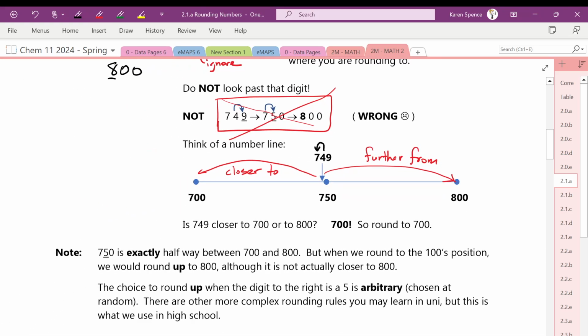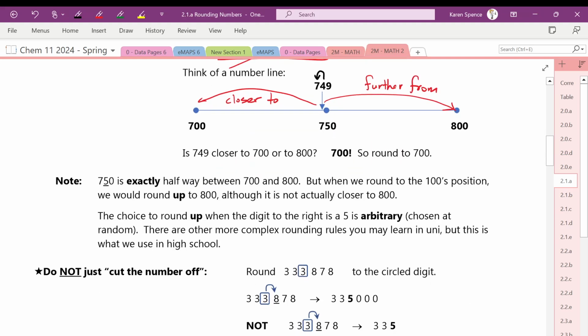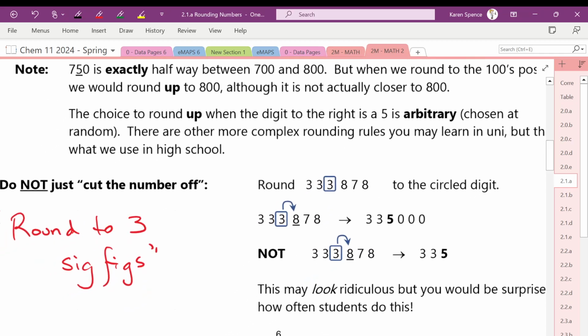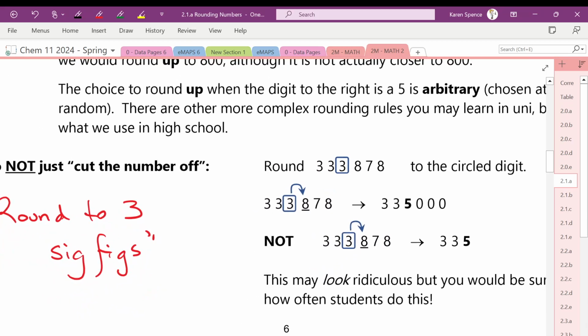Also, do not just cut the number off. That would be truncating. Let's say I had said round to 3 Sig Figs. I'm looking at this and I want to round to 3 Sig Figs. Sometimes people will say, oh, I want 3 Sig Figs, 1, 2, 3.